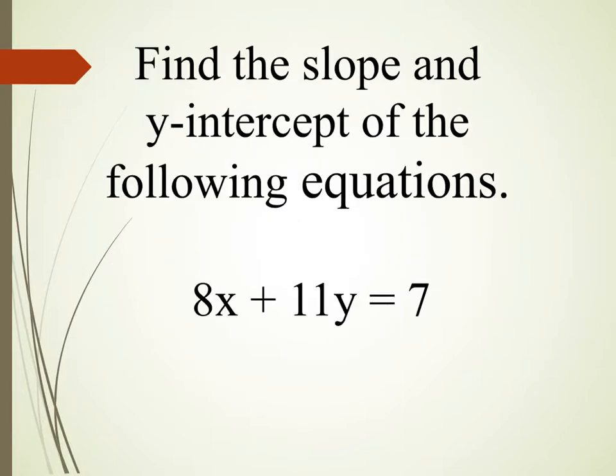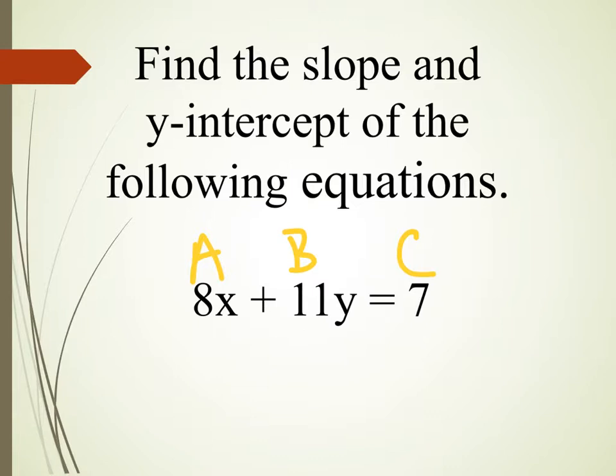If you have an equation, you always label A, B, C. A is always the number in front of x, B is always the number in front of y, and C is always the number that's by itself.